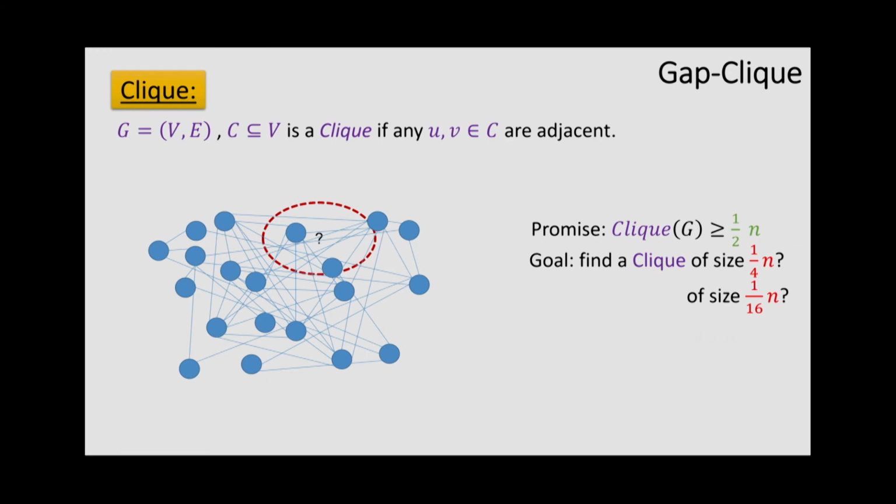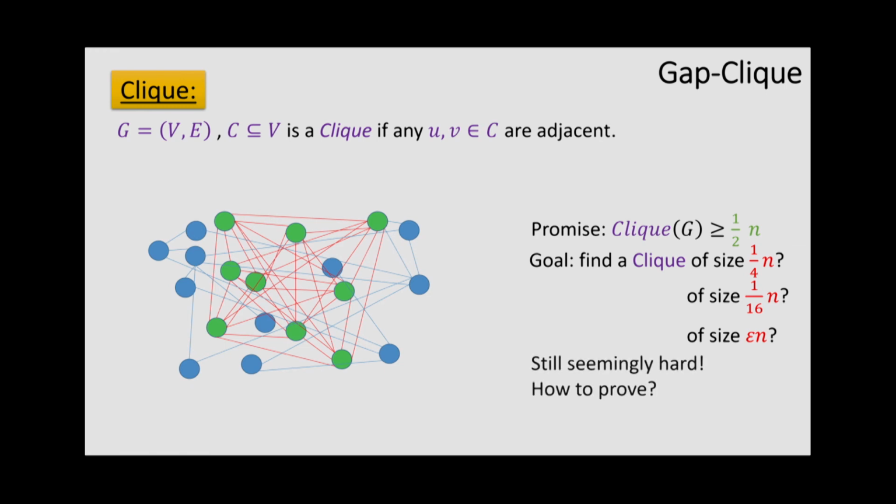It's still not clear. Can you find anything non-vanishing? Can you find epsilon n for any constant epsilon greater than 0? And the answer is probably not, but we don't know how to prove that. We don't know how to prove that this task is NP-hard.